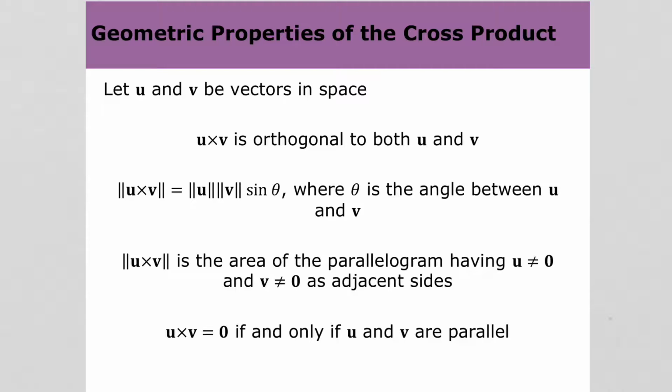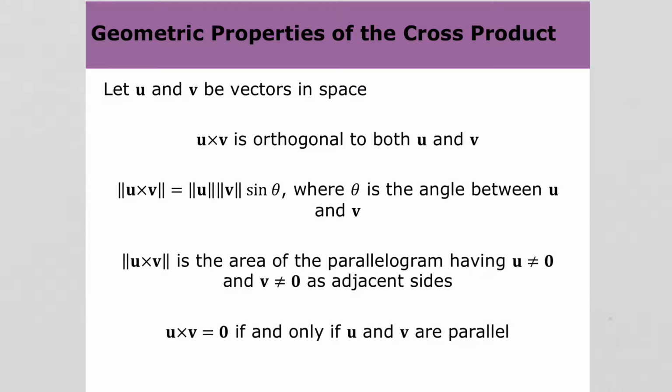Geometric properties of the cross product. So what does that mean for us in space or in the plane? If you take the cross product of u and v, then that cross product, that vector, is orthogonal or perpendicular to both u and v.